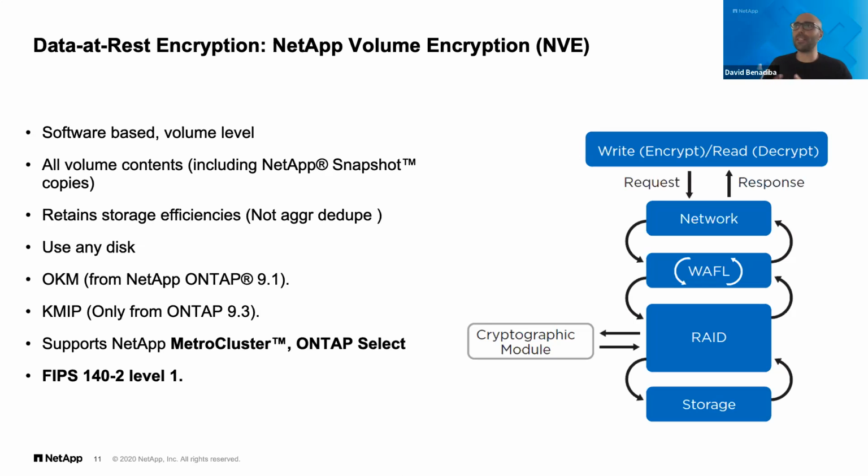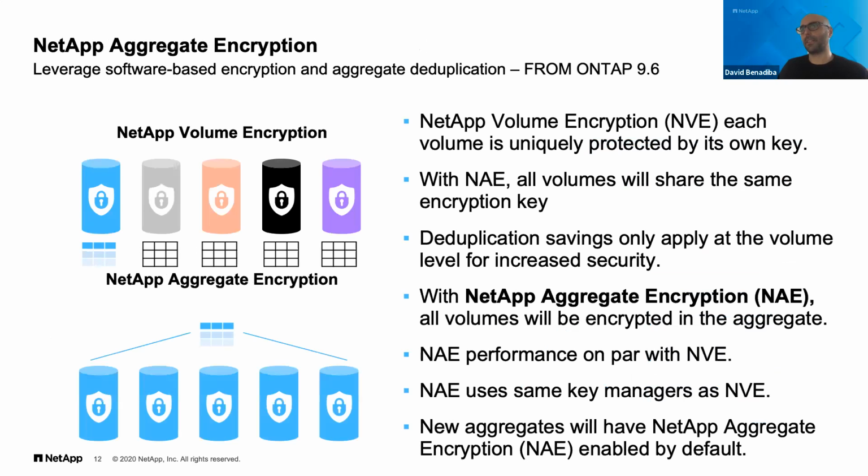One of the caveats of using NetApp Volume Encryption, and we're going to see it right here, is about efficiency. As you know at NetApp, we can enable deduplication, compression and compaction, which reduce the footprint on the disk drive itself.